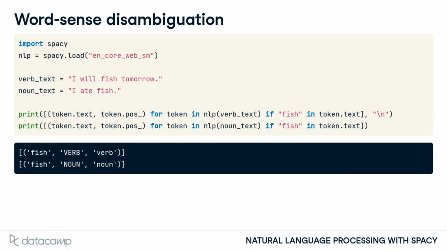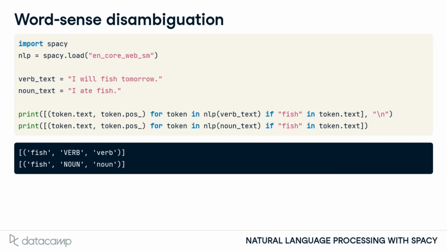The word fish in "I will fish tomorrow" has a .pos_ tag of verb, which identifies its sense correctly as to catch fish. In the sentence "I ate fish," the word fish has a .pos_ tag of noun, and it identifies the sense as an animal.